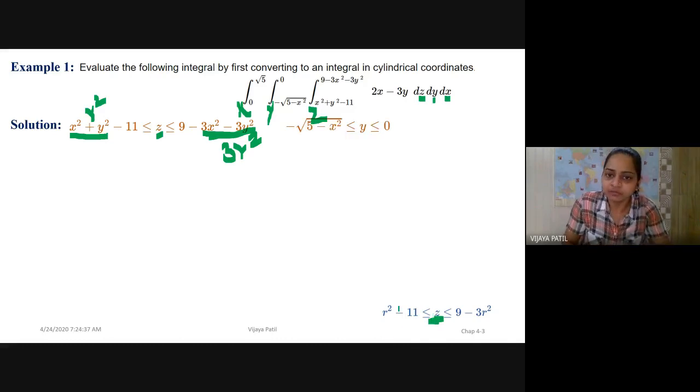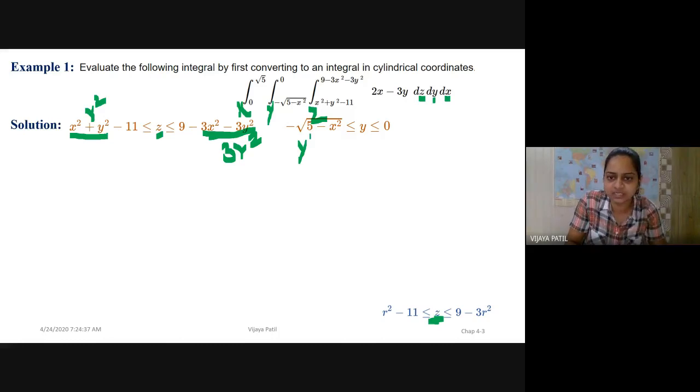What is next? Next I need to consider the limit for y. If you observe, it's minus square root of 5 minus x square less than or equal to y less than or equal to 0. That means the lower limit is on the curve y equals minus square root of 5 minus x square.